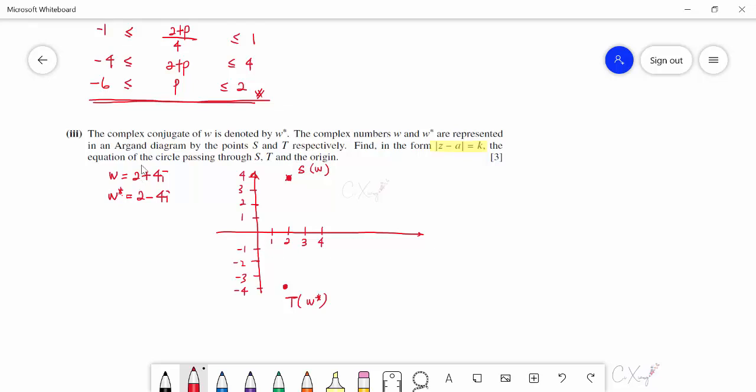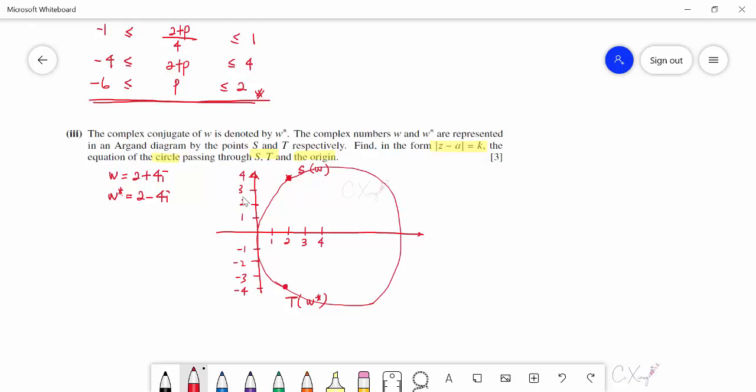Here they actually tell you that the circle passes through S, T, and the origin. If the circle passes through S, T and the origin, it means that the circle might look something like this. My circle is not circle enough, but it will look roughly something like this.